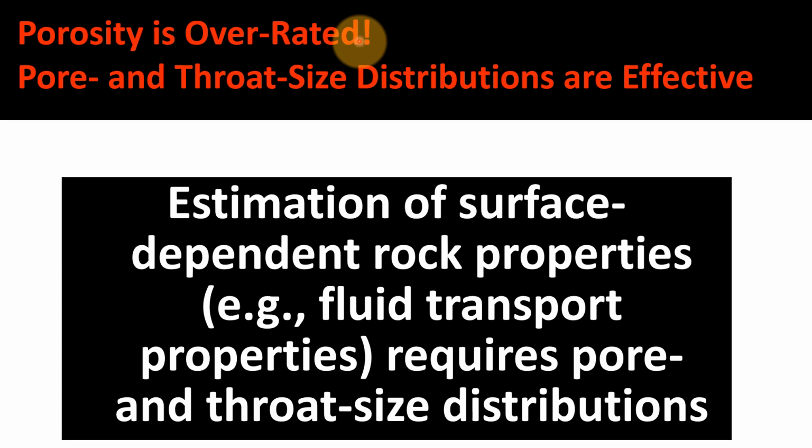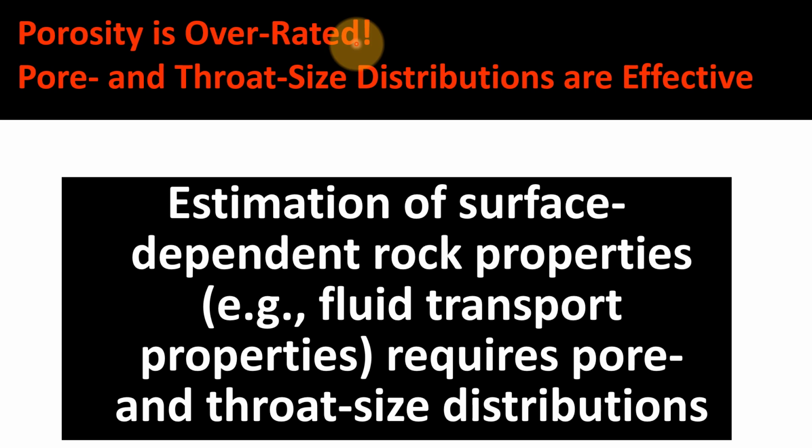And consequently, you don't know, if you apply a pressure gradient, how much of that volume of fluid is going to move. And you don't even know if the velocity, the interstitial velocity, is going to be uniform or not. That's the reason why it's very important not only to stay with porosity, but to reach the description of pore size distributions or even throat size distributions.